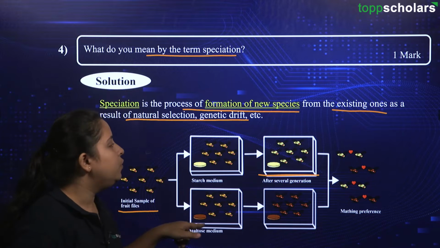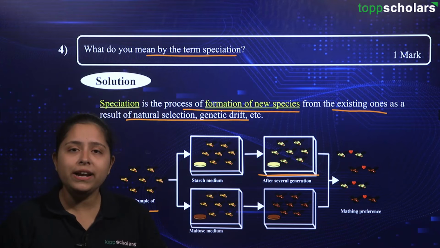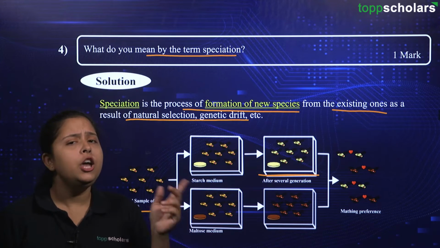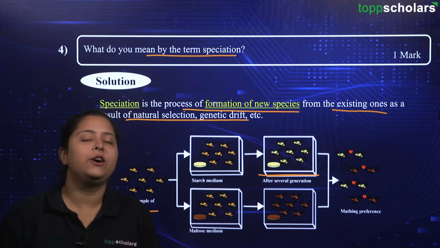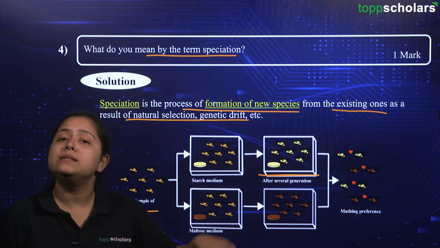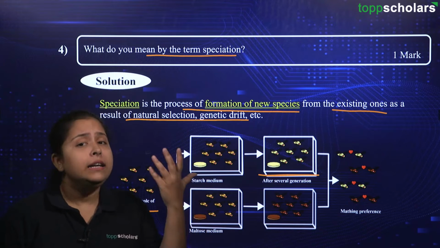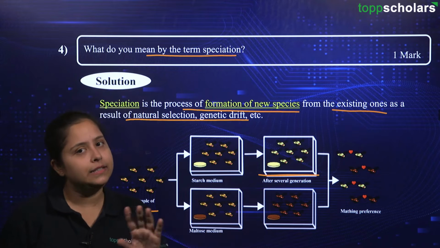Because these fruit flies are undergoing sexual reproduction, and sexual reproduction always leads to variations in the progeny. Okay, that means you are not exactly similar to your parents, right? Why so? Because of sexual reproduction. There is mixing of gametes, there is mixing of characters. So you have different characteristics from your parents, but you have inherited their characteristics as well.